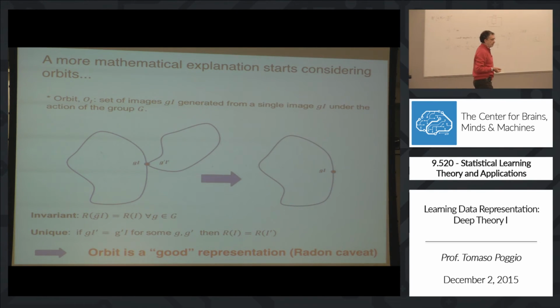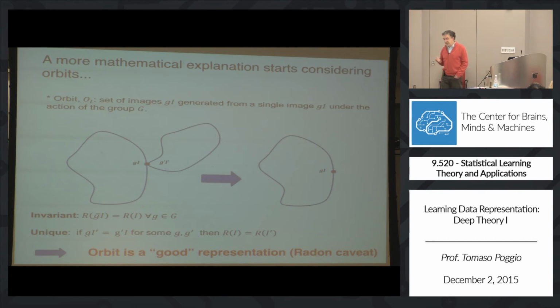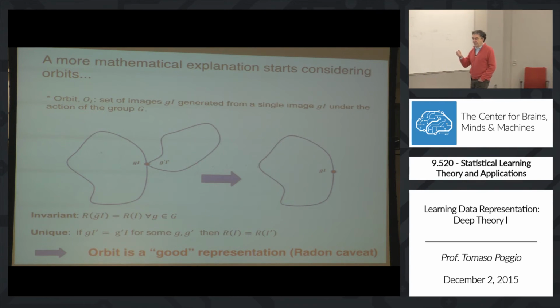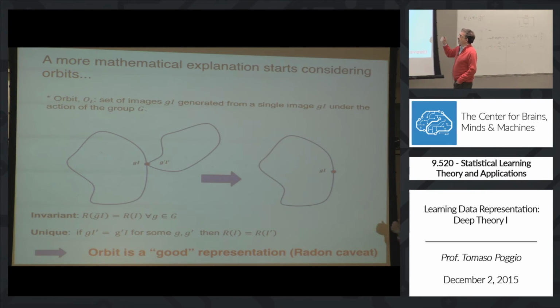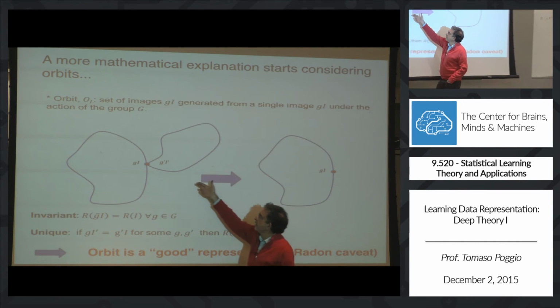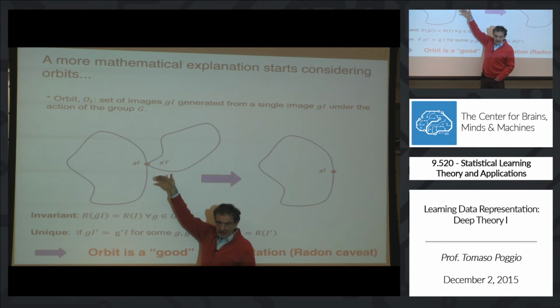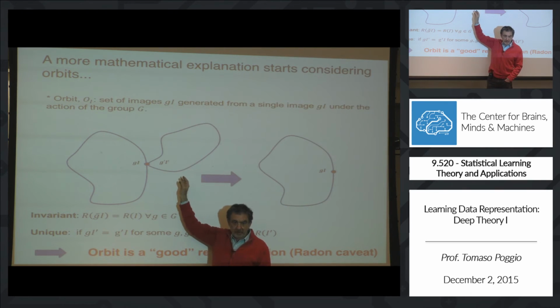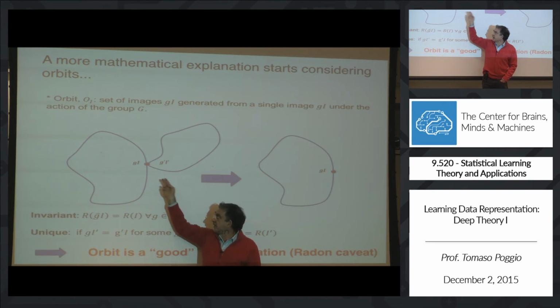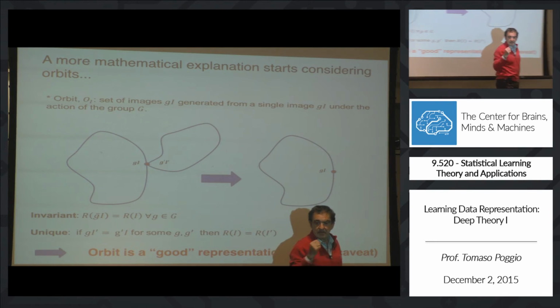Okay? So two different objects which give rise to orbits, if they act according to a group in 2D, cannot intersect with any other object.